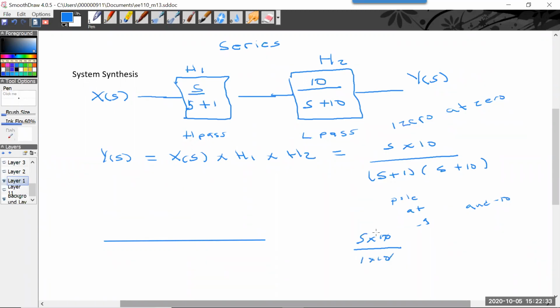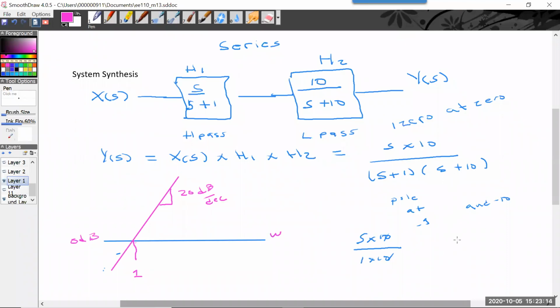And I'm getting an S term, which is 20 dB per decade, and 0 dB at omega equals 1.